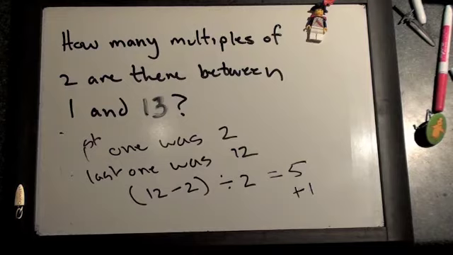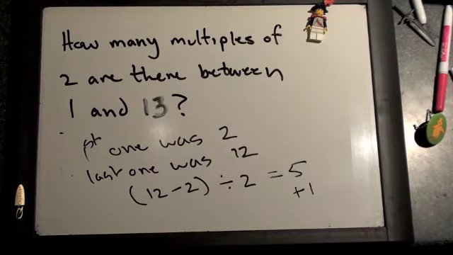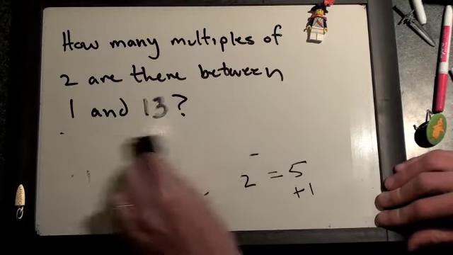So we take the last one minus the first one, divided by 2, and then add 1. That might be a good way to do it. So let's see if we can use that formula on this one.